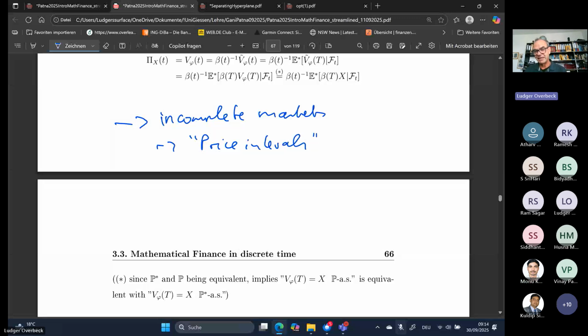It's similar to bid-ask spreads and so on. Each deviation from this theory I will present gives you an interval. But the techniques are similar. You work with martingales. You work at least with stochastic integrals. You do the hedging. So instead of replicating, you do super-replication.